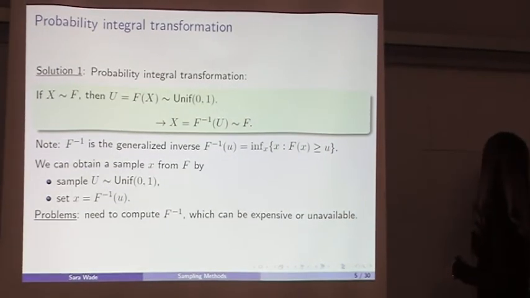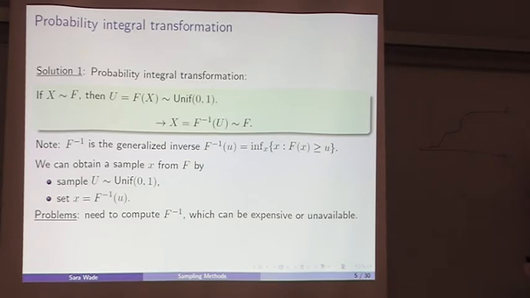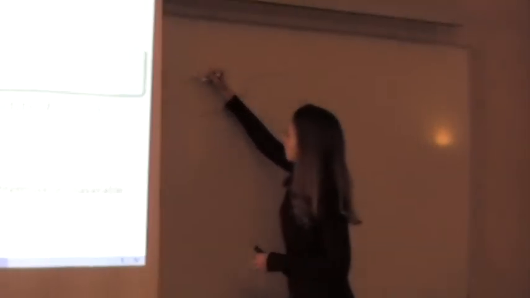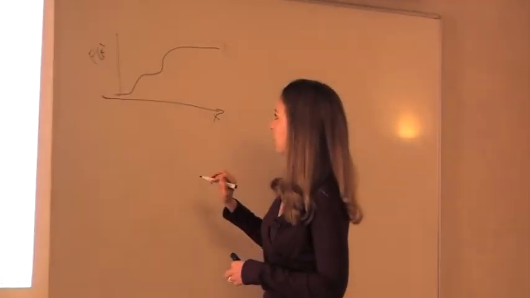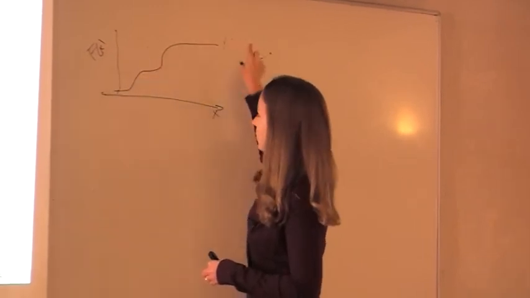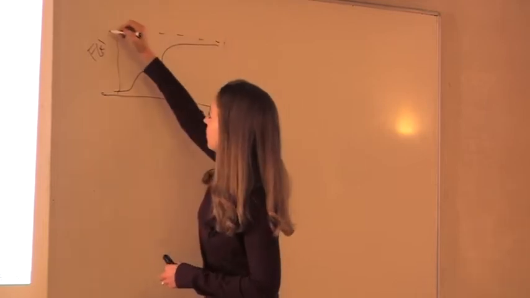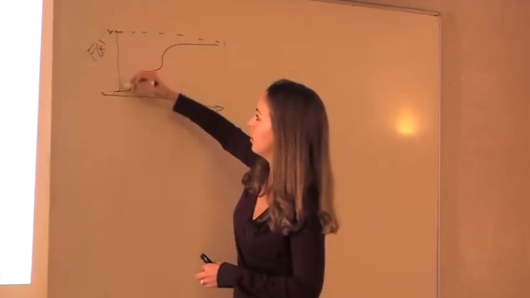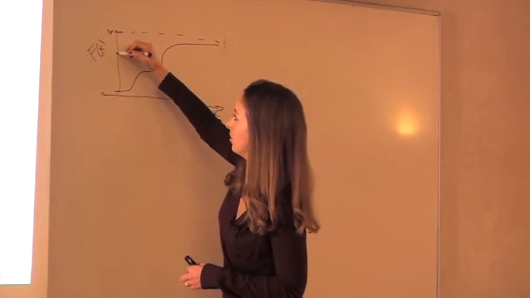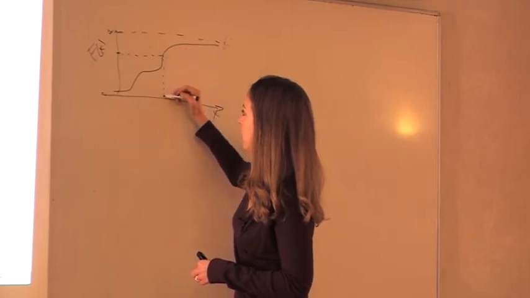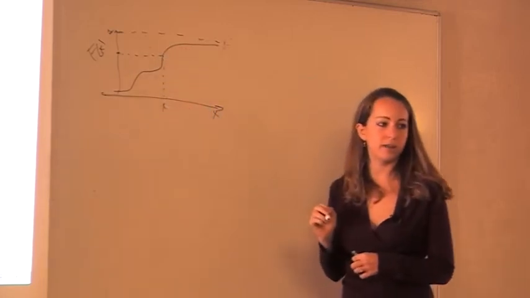So what this is saying is, suppose this is our cumulative distribution function that we want to sample from. So here's f of x, and here's x. So to sample from this cumulative distribution, this is 1, we just take a uniform random variable u, we sample a uniform random variable here, and we take the inverse, and we get a sample x from f.